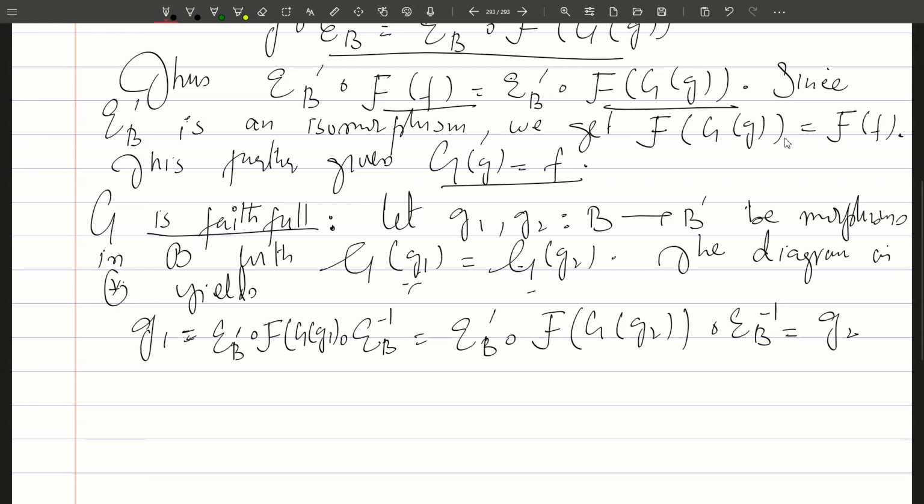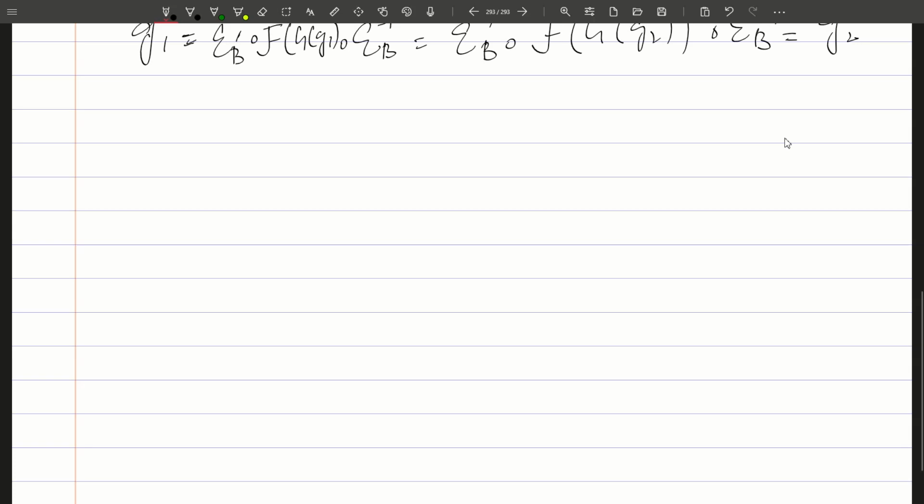Now finally we have to show that G is isomorphic dense, which means we have to prove, since G is a functor from B to A, that for any object in category A, say star here, there is some object, say pound here, in category B such that G of pound and star are isomorphic.